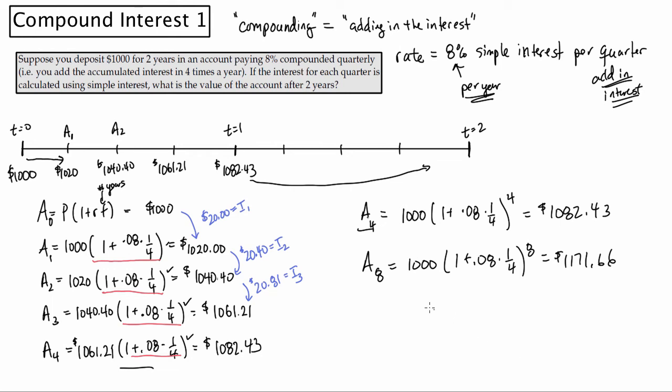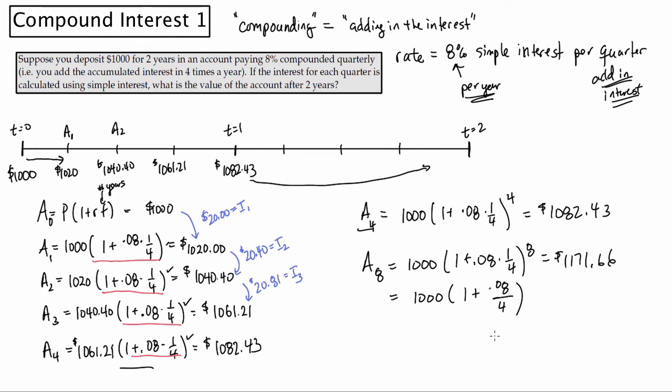Now, I want to talk about the pieces that went into this, because the 1,000 here is pretty evident what it is, but I want to write the formula in a different way here. And what I want to do is somehow get the number of years into the problem, because as you look at the problem now, this 8 is the number of quarters, but what if we were doing this every month or only once a year?